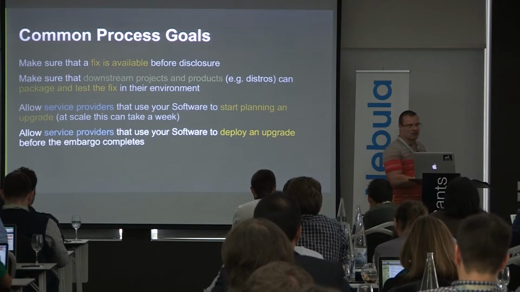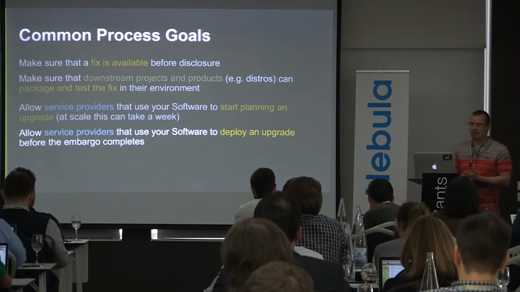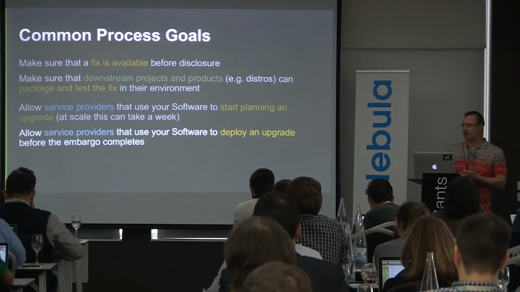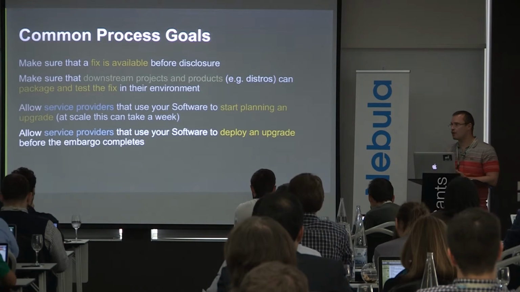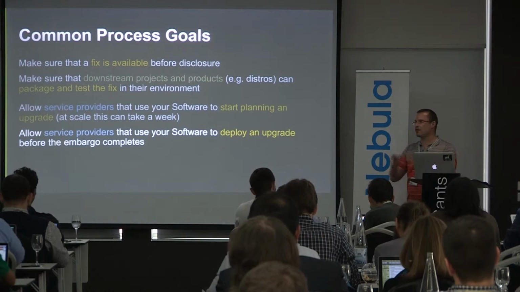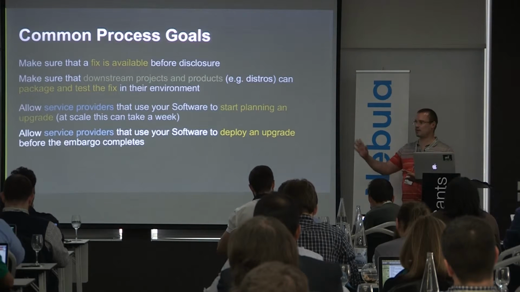So at this stage, let me just talk a little bit about what the Xen Project does here. For us, we fulfill all those 4 goals. We allow service providers, as well as distros, on a pre-disclosure list. We don't discriminate against them according to size. That has some trade-offs, which I'll cover a little bit later.